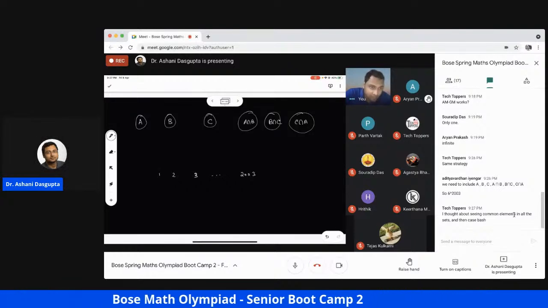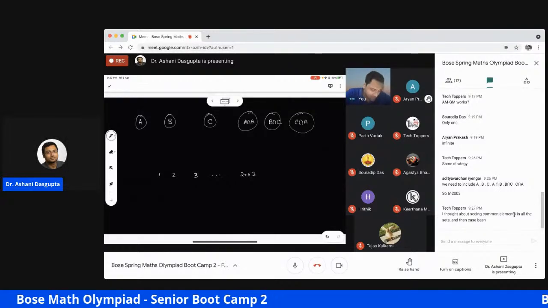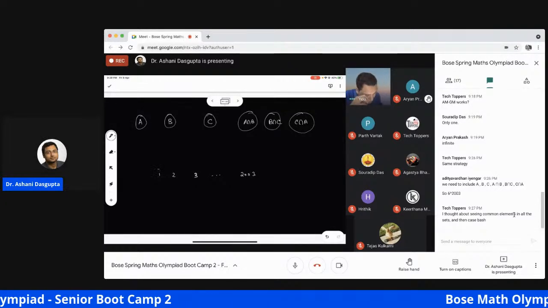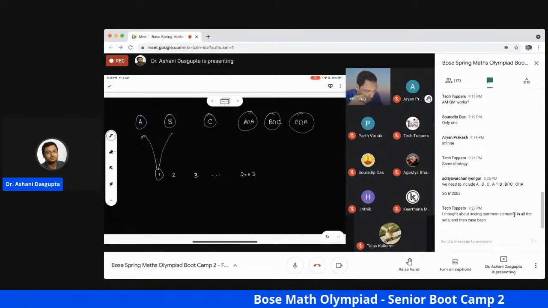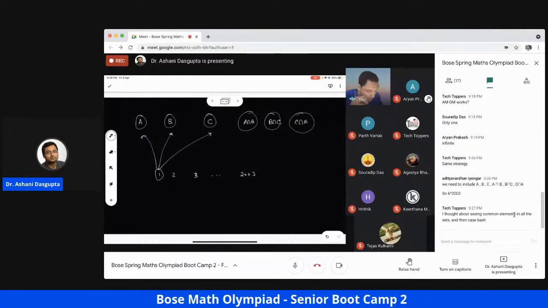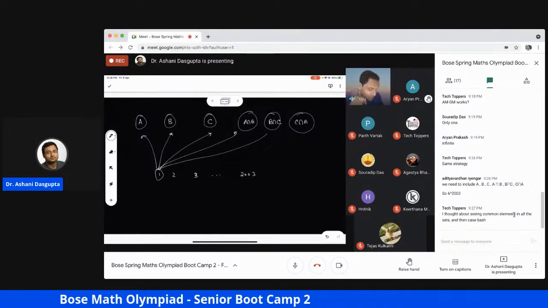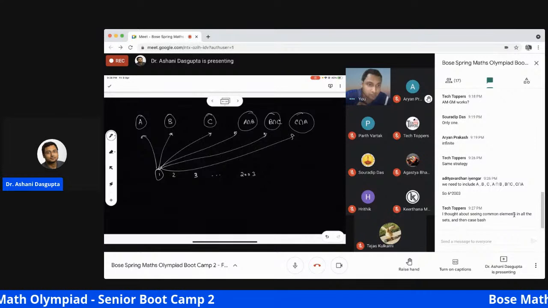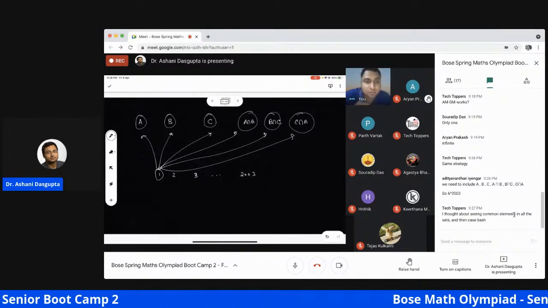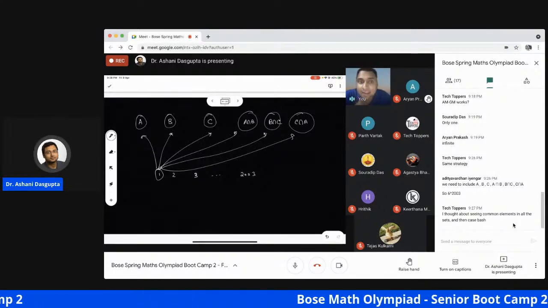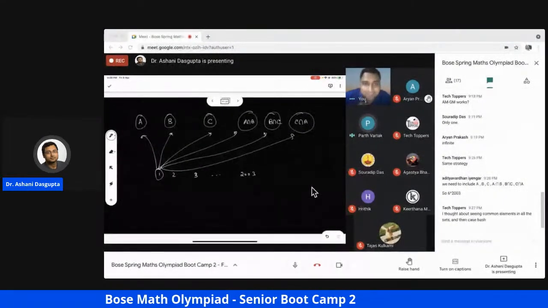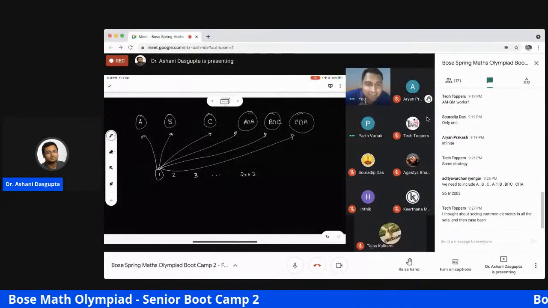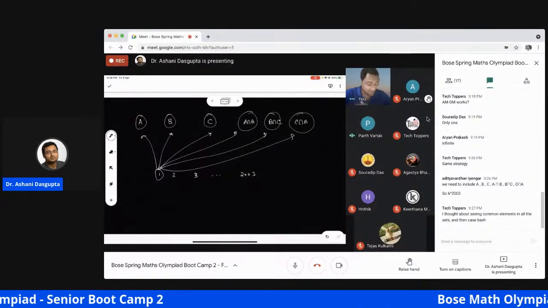You're suggesting that each element has a choice to go to the first one, the second one, the third, the fourth, the fifth, the sixth. Is that right? But then, if number one goes in A, it will also happen to be in A and B both. So how will it be?